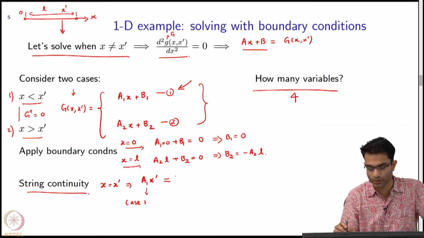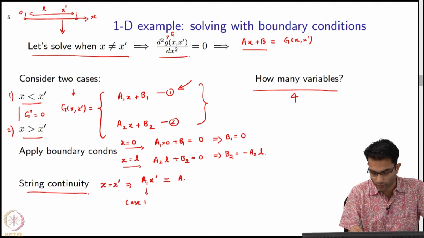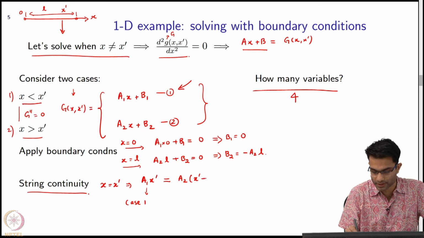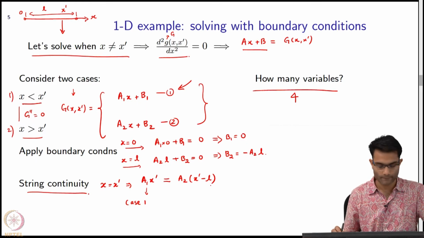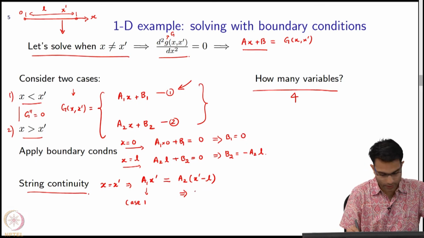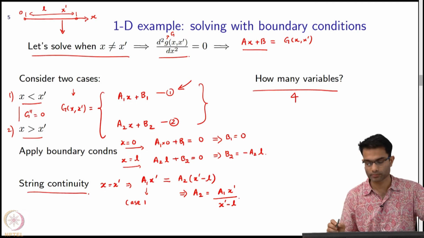So, right limit is going to give me what? A2 and B2 I can substitute in terms of this. So, this will give me x prime minus L, right. So, that tells me that A2 is equal to A1 x prime divided by x prime minus L, right.